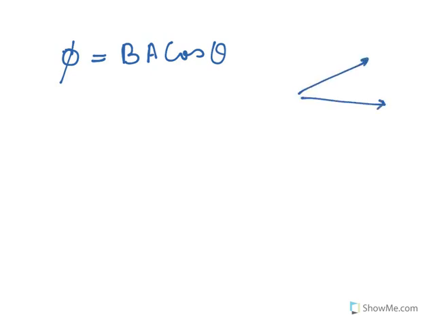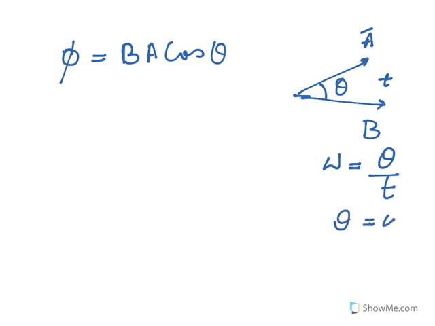So phi being equal to BA cos theta, B and area vector, if the coil is rotated by an angle theta in time t seconds, angular speed can be written as theta by t, or theta could be written as omega t.